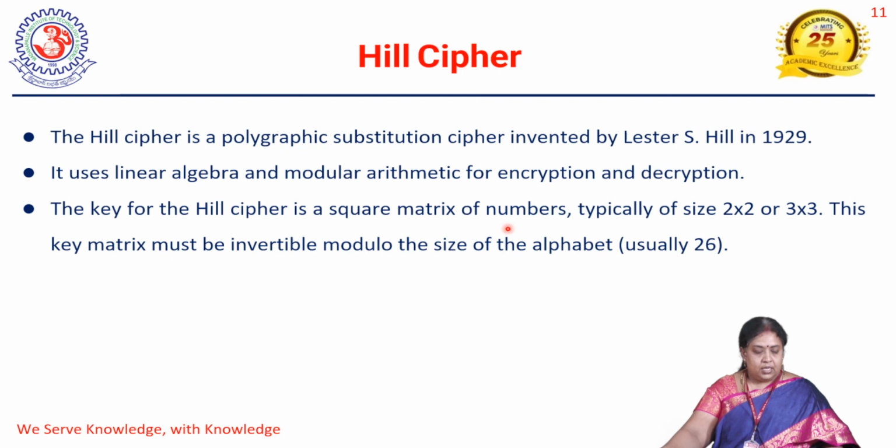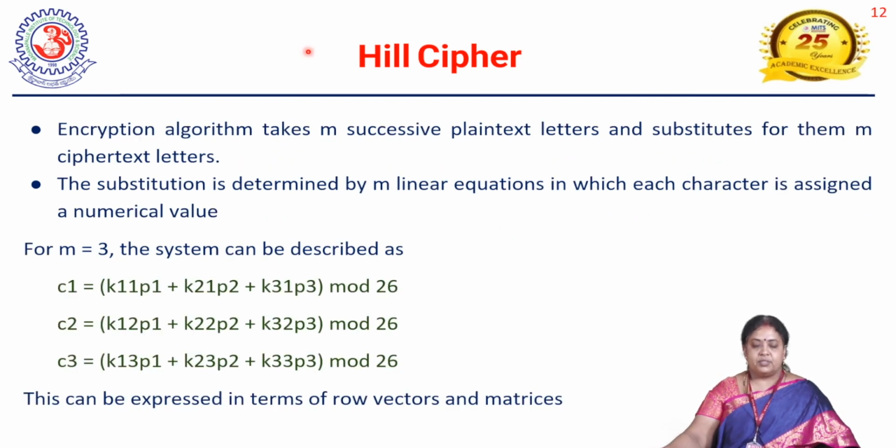Okay, we continue with an example. Suppose m equal to 3. That means we are going to take a 3 by 3 matrix. So the key size is 3 by 3, and we have K11, K12, K13, K21, K22, K23, K31, K32, and K33.